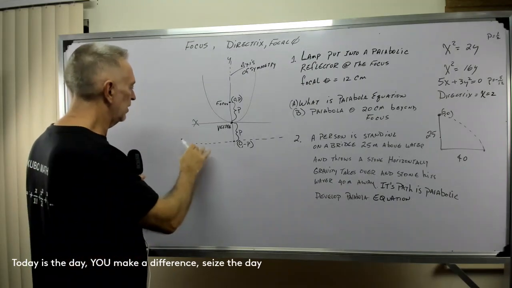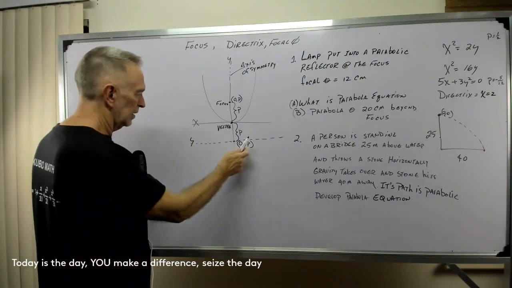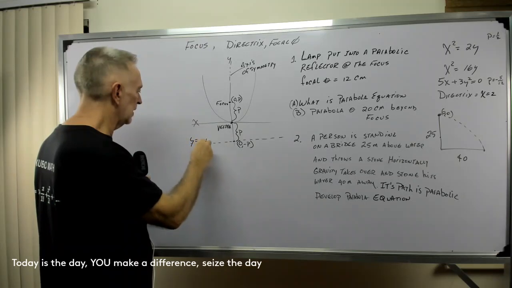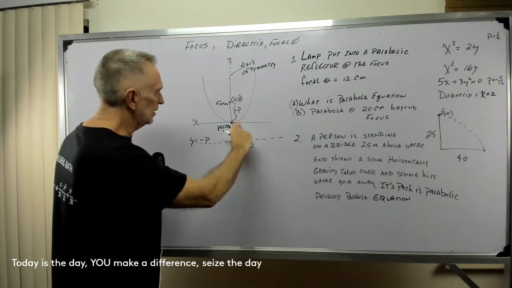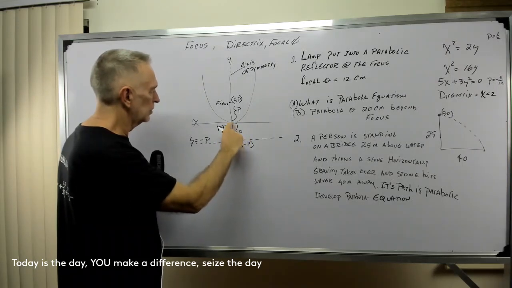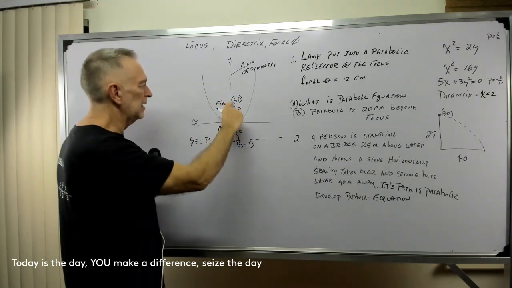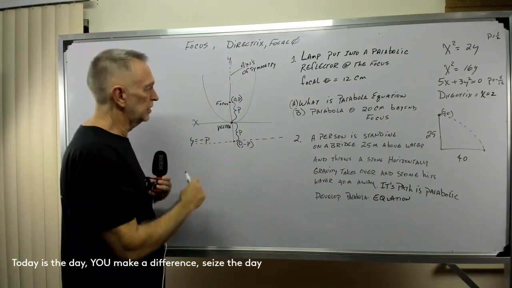So it's down here at y equals minus P. It runs that P distance below the vertex, and the focus is P distance above the vertex.